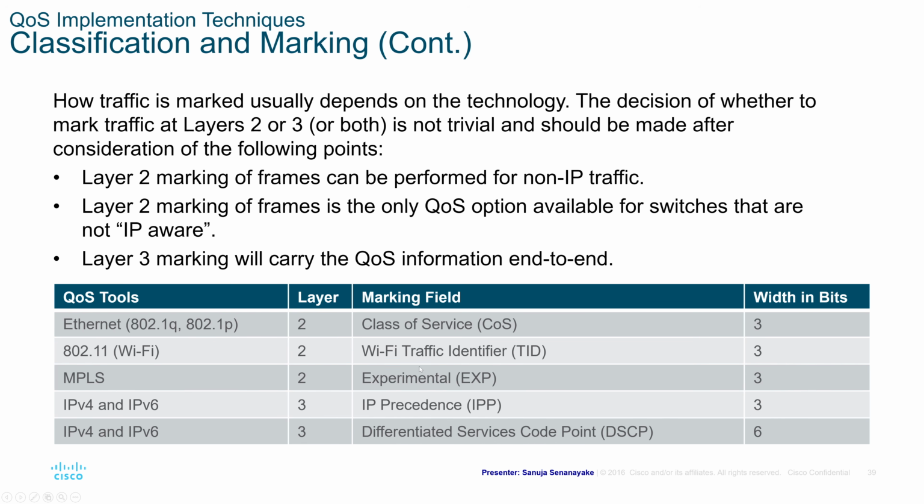MPLS uses the EXP marking field, the experimental field in MPLS, and it has a bit width of 3.